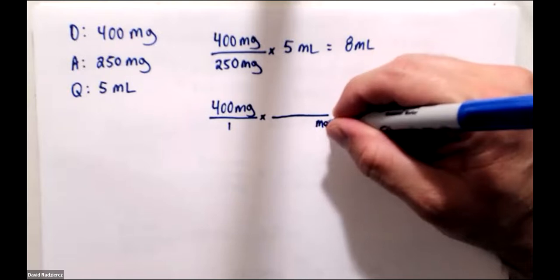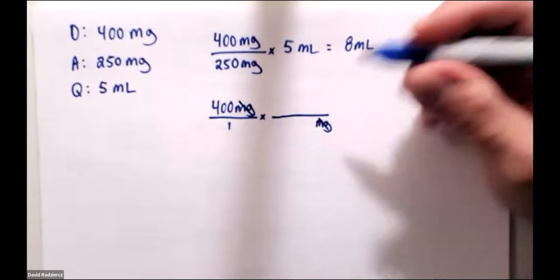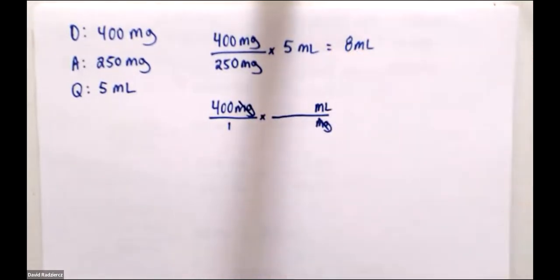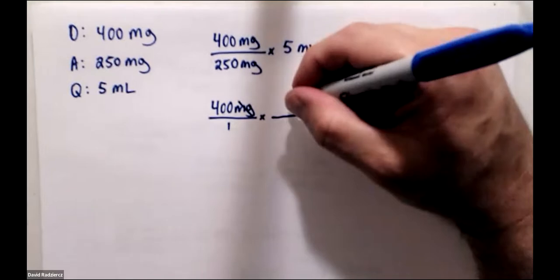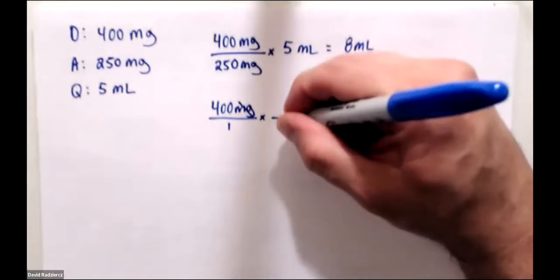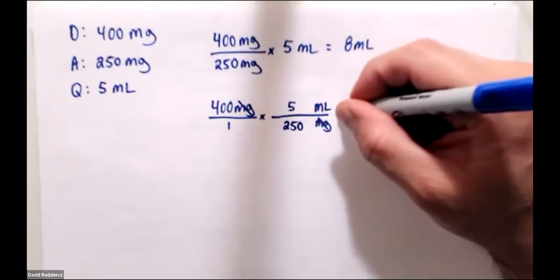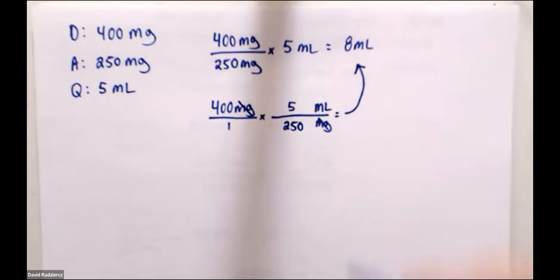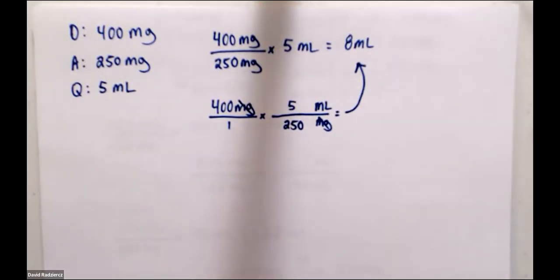I'm looking to get rid of milligrams, and I want milliliters. Then I just plug in the numbers: 5 milliliters, 250 milligrams, and I'm going to get the same answer. The 8 milliliters is what you would administer for this Aldamet solution.